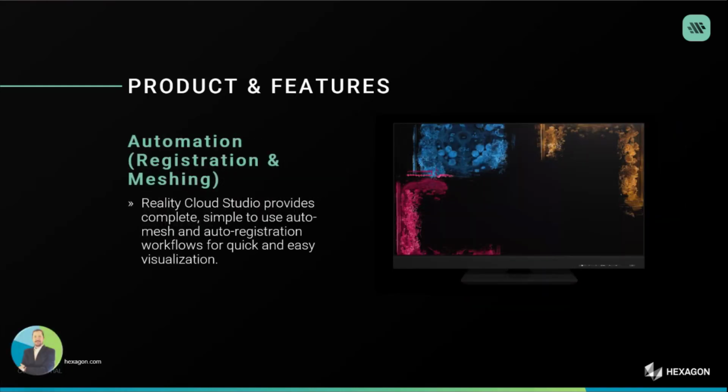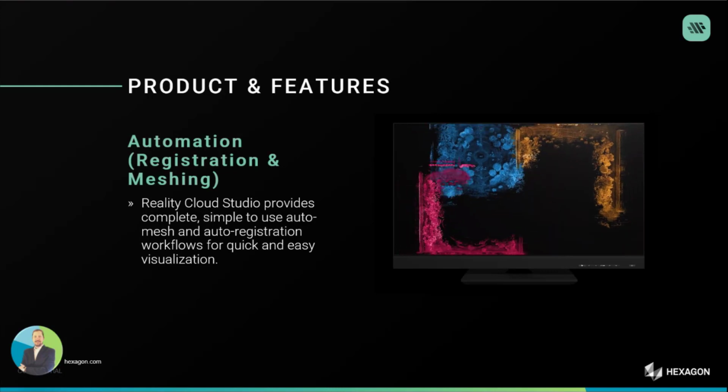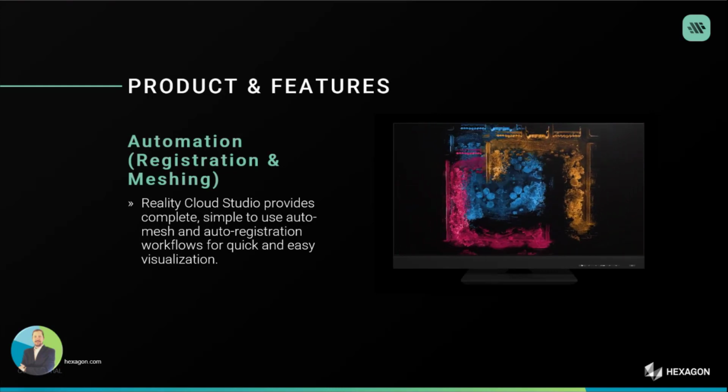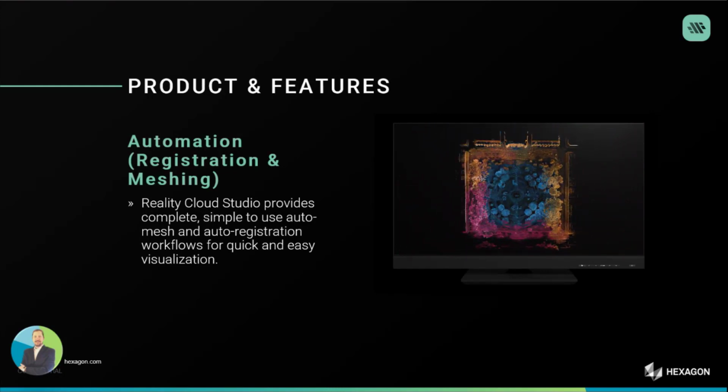Absolutely. If you're looking at automation, it's a big part for the type of products that I'm involved with. Having data seamlessly moving up into the cloud and having that registration and meshing done for you really helps shrink the time frame from data capture to point of analysis, and it's rendered beautifully and registered really accurately as well.